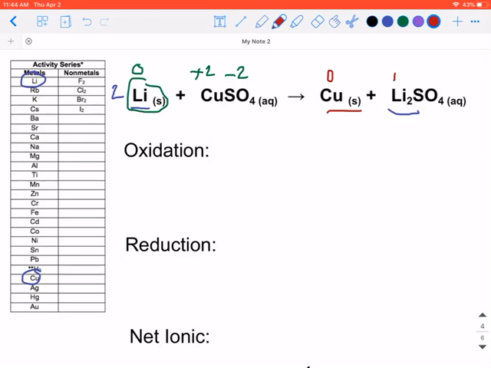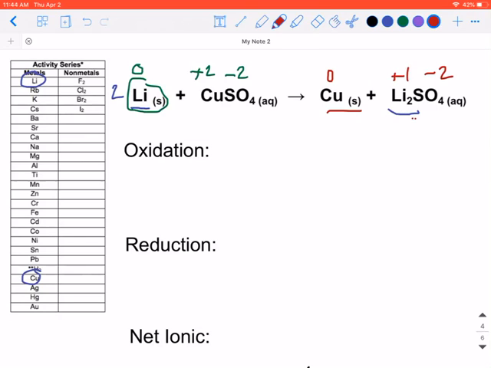Lithium will always form that +1 charge. So I'll put +1 there. And sulfate is still -2. And if you can see, even though I had 2 lithiums, that did not affect lithium's charge. It's just saying that I have 2 lithium +1 ions, okay? So keep that in mind as we move forward.